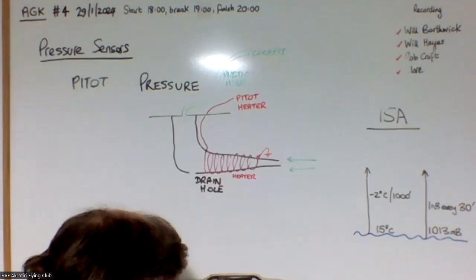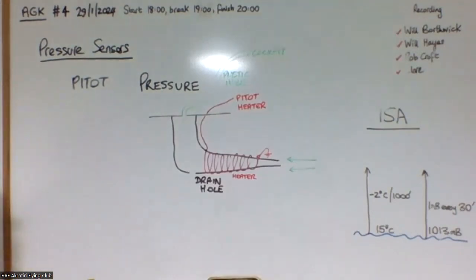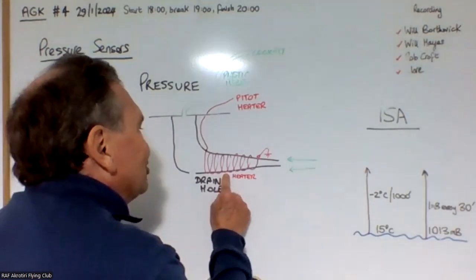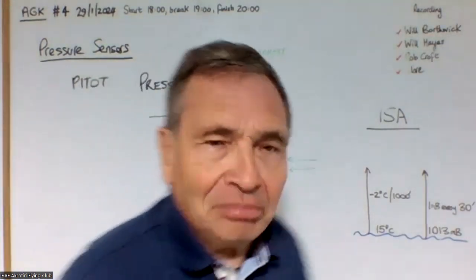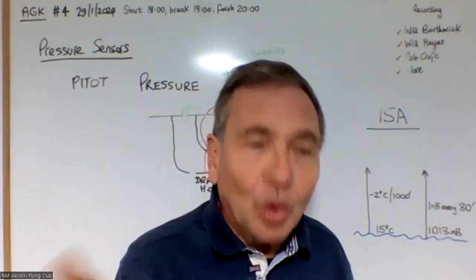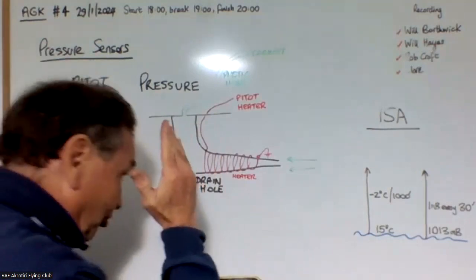I can't show it to you because it's just slightly underneath the steering wheel. And when I say it heats up the pitot tube, I don't mean it gets mildly lukewarm. I mean, when it heats up this pitot tube, it's very hot.